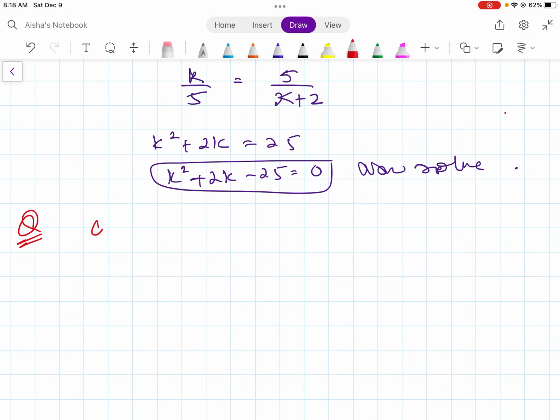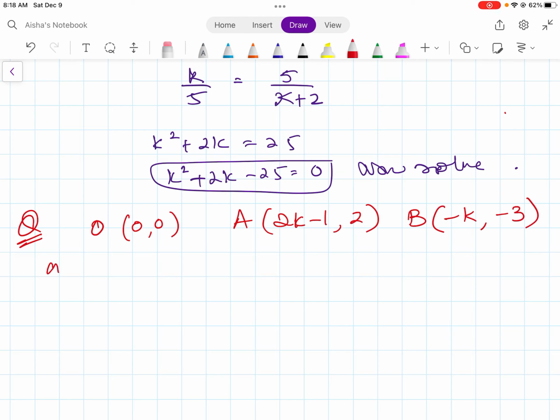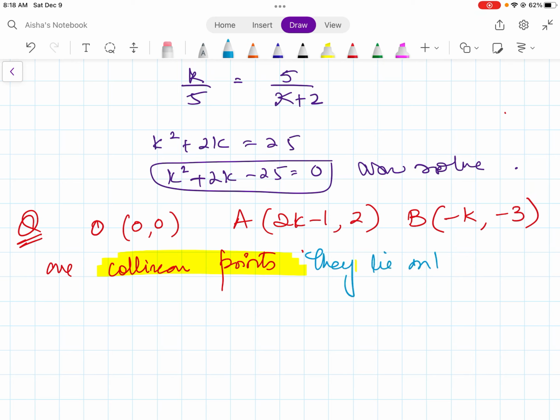Now the next thing is O is 0 comma 0, A is 2k minus 1 comma 2 and B is minus k comma minus 3, and they are collinear points. When they say collinear, it means they lie on the same line, and same line means same gradient.